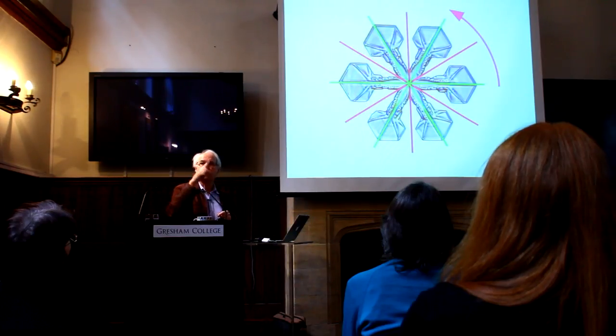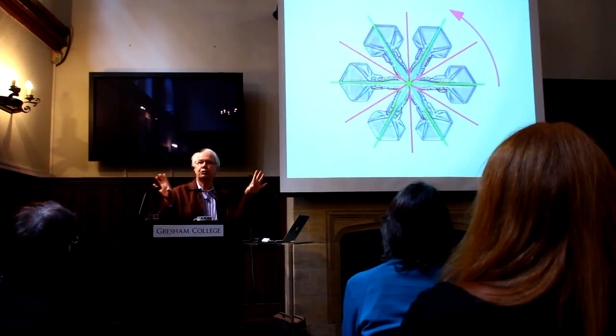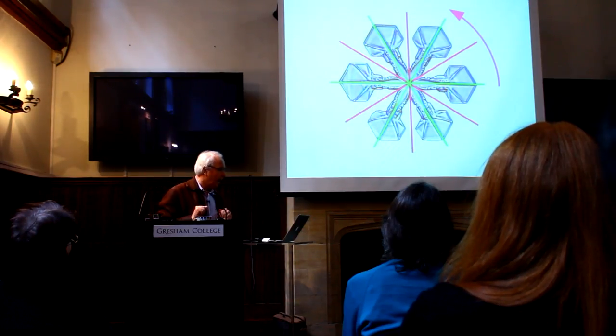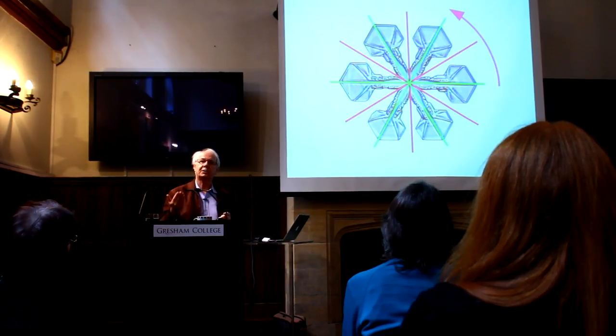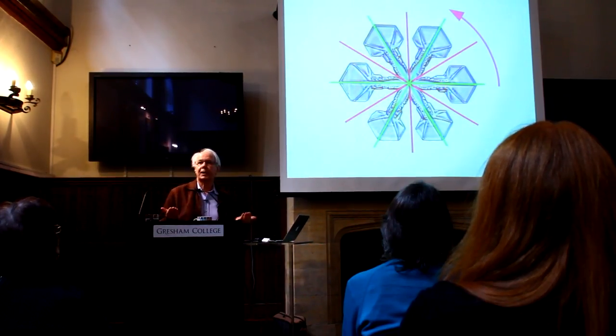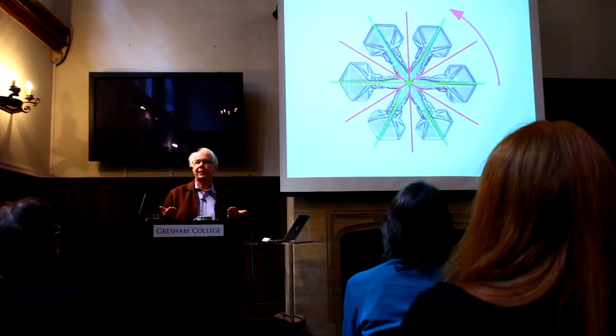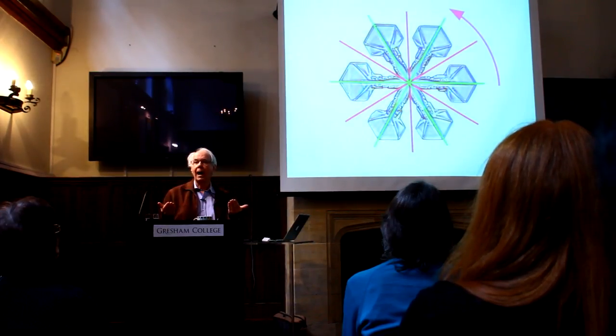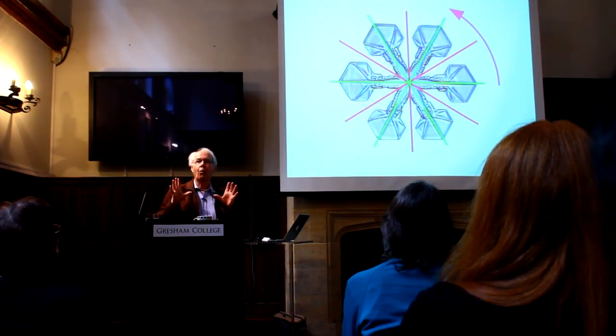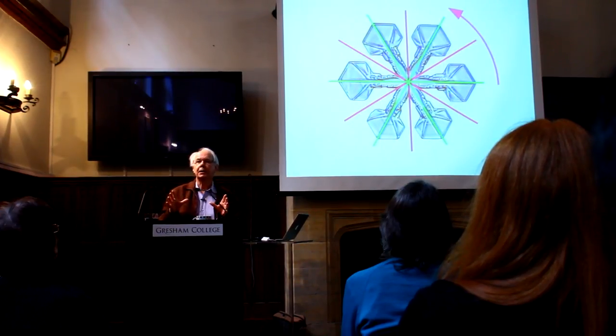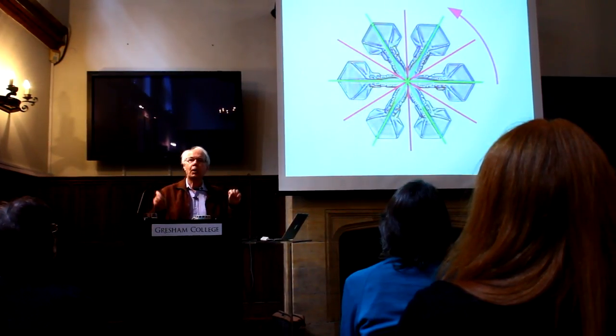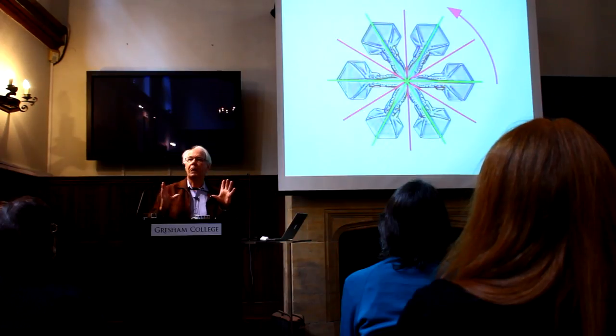And then there are 3 more green lines which run down the centre of the protrusions of the snowflake, and that gives us 6 more. So this snowflake has 6 symmetries that are rotations, another 6 that are reflections, 12 in all, and what really matters mathematically is not just how many, but the way these different symmetries relate to each other.